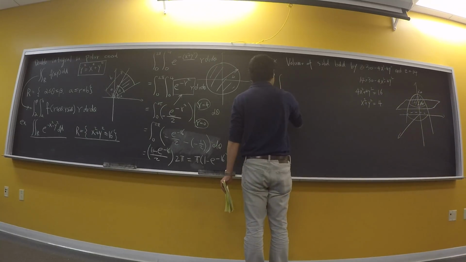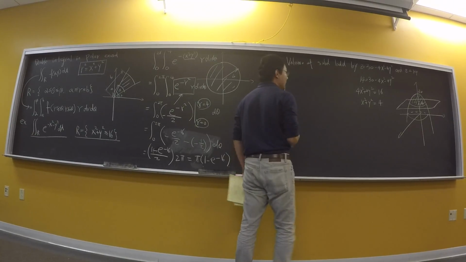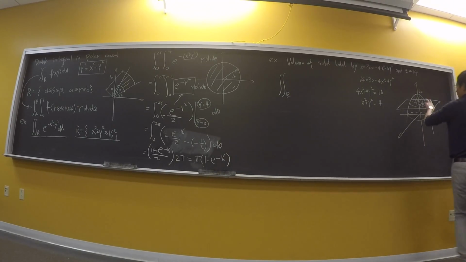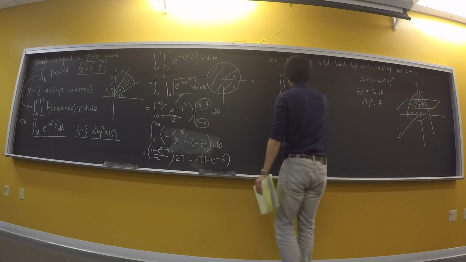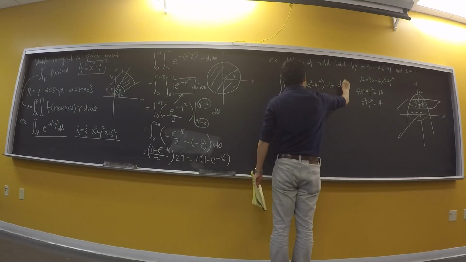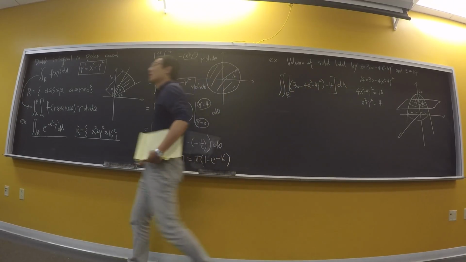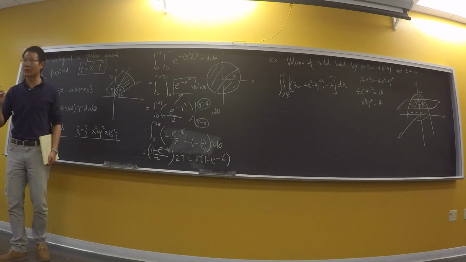It is a double integral over the difference between these two functions, so 30 minus 4x squared minus 4y squared minus 14. Regardless of what this solid is, at least I know it has to be a double integral.